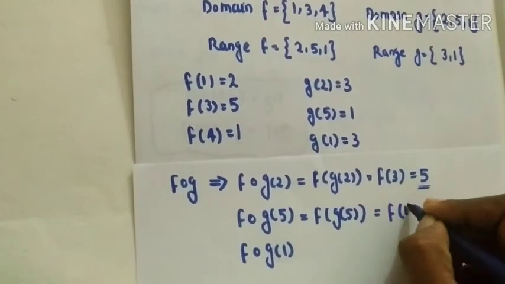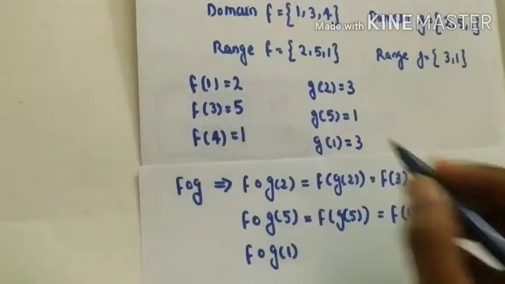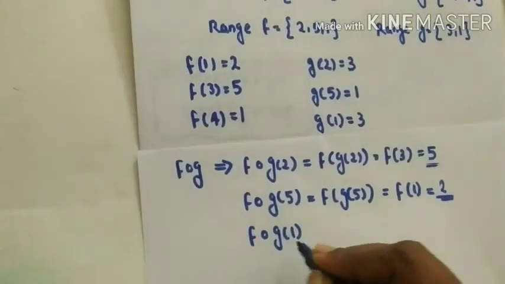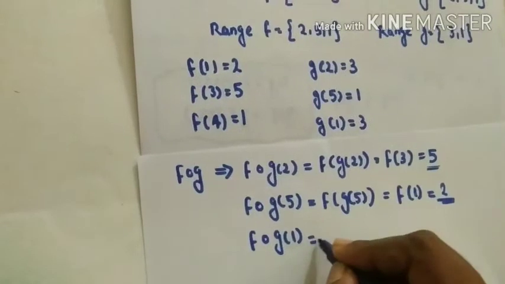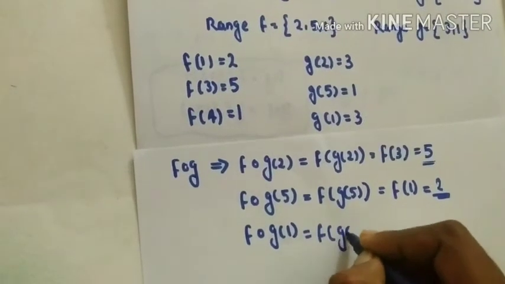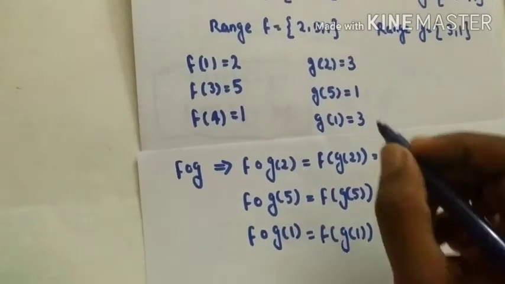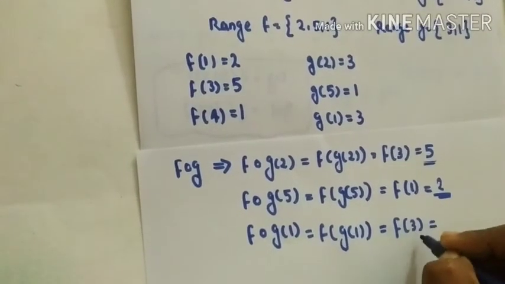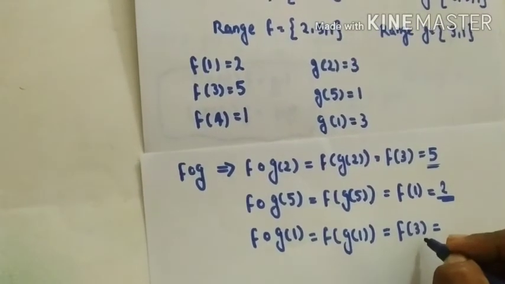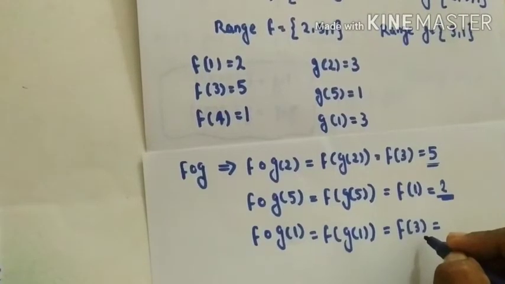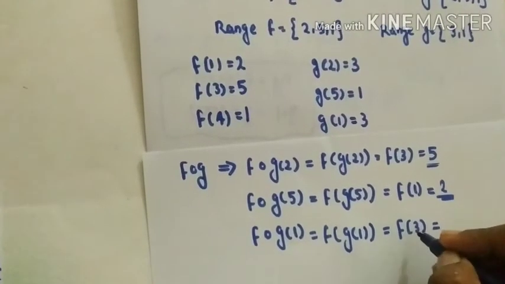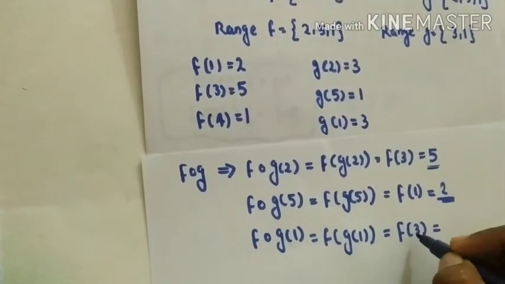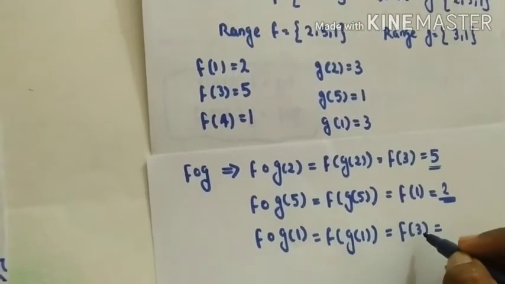So f of 1, the value of f of 1 equal to 2. The last one is f of g of 1. The value of g of 1 is 3. That means f of 3, and the value of f of 3 equal to 5.